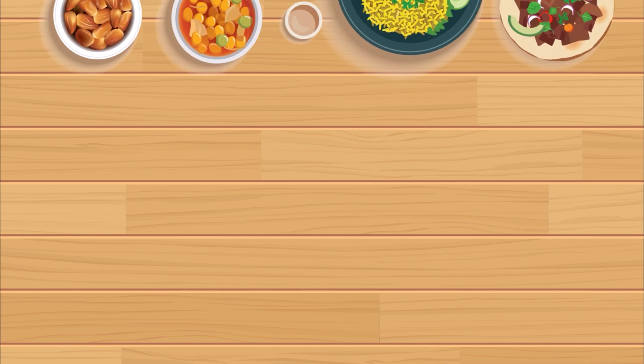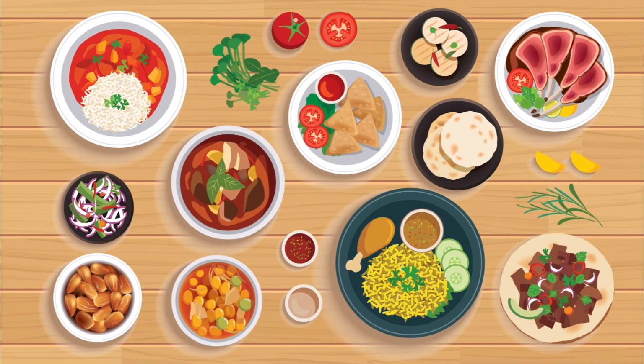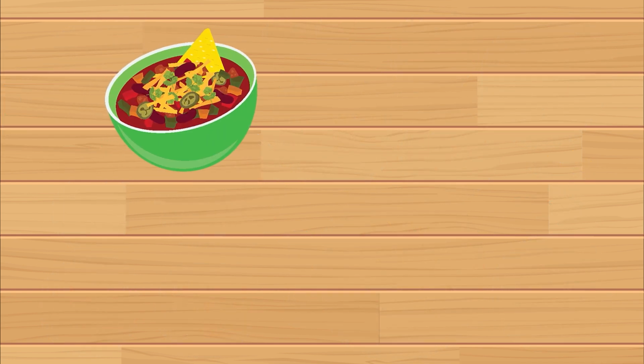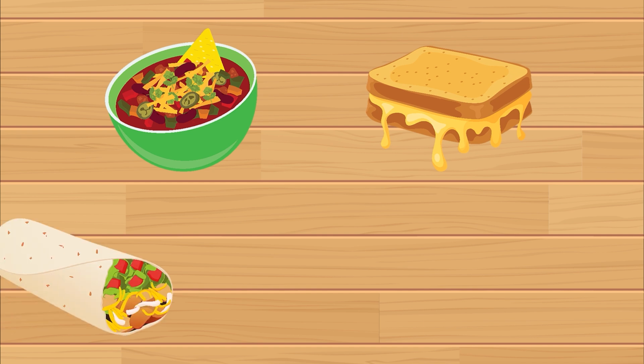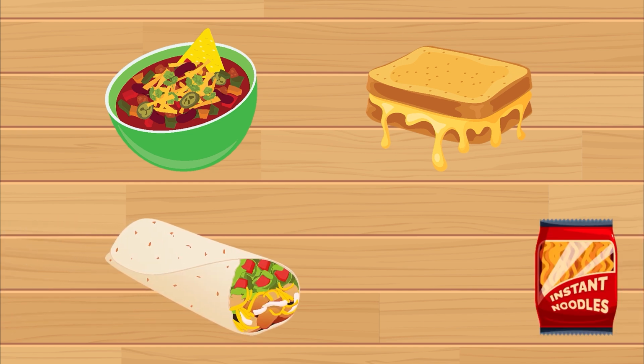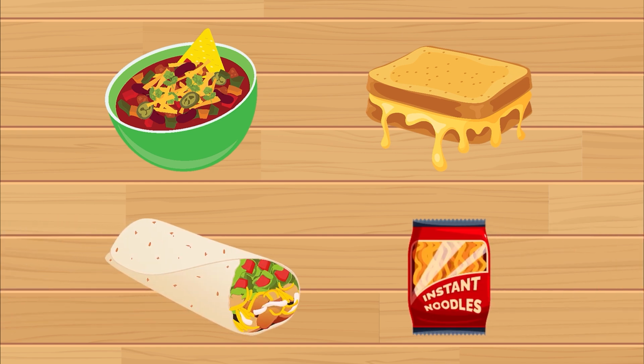So to continue our cooking metaphor, let's think for a moment, abstractly, how might you prepare a meal? When you prepare a meal, you probably don't follow the same recipe for every single dish. Of course, making chili is different than making a grilled cheese sandwich. Making a burrito is different than making a fast ramen that you get from a bag.